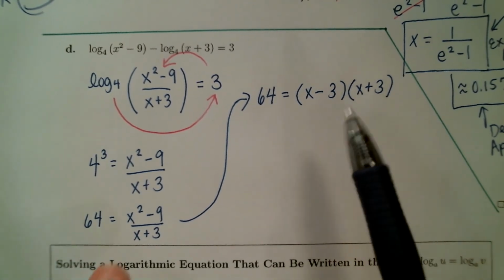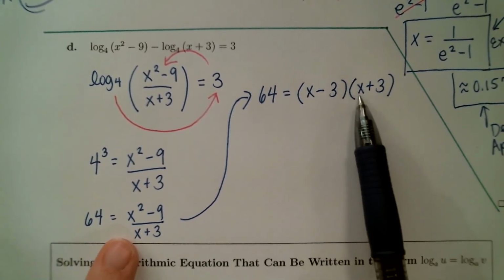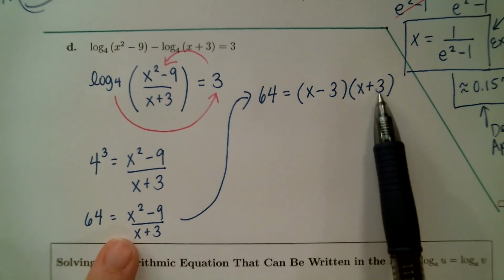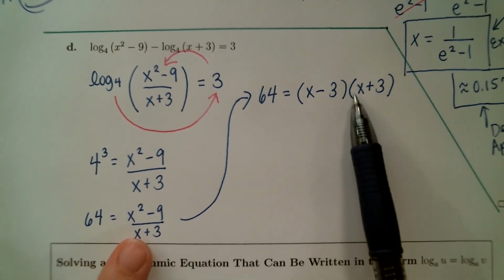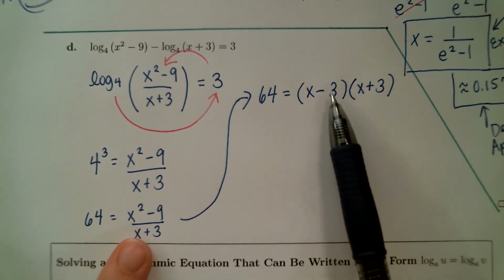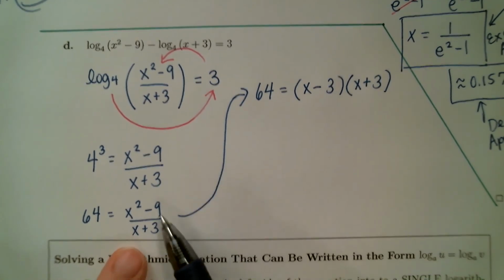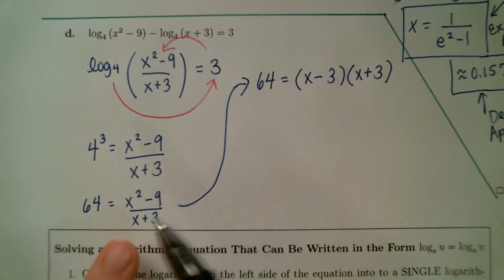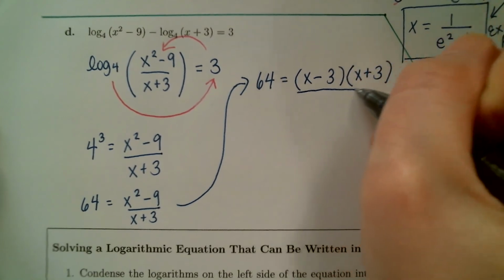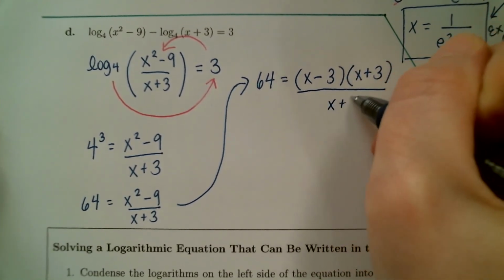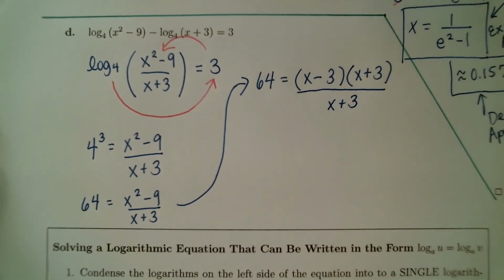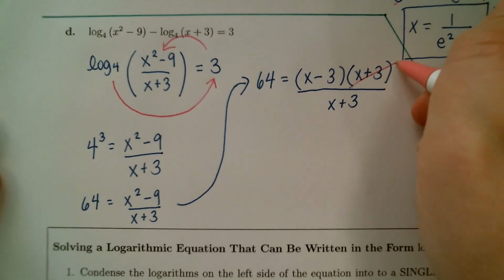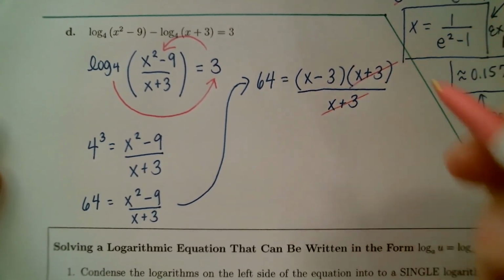If you were to check this and FOIL it back out, you're going to get x squared plus 3x and then a minus 3x. Those would cancel, and then you would get the minus 9. So that is exactly the numerator here. The denominator is x plus 3. Why factoring the numerator was so useful is because now I have an x plus 3 in the top and in the bottom.